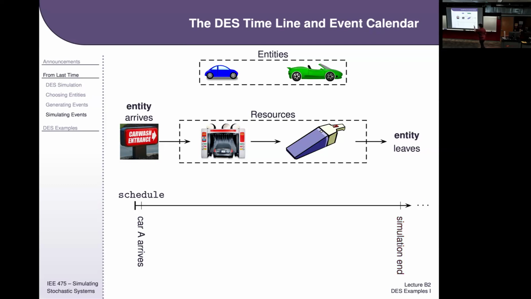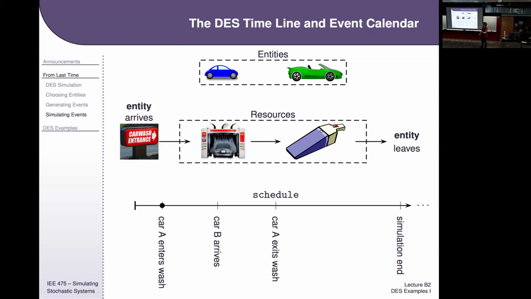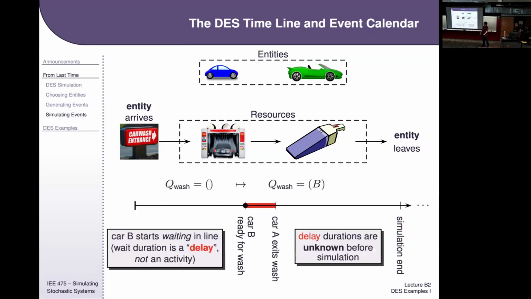And then you just go and start. The logic is you schedule the first arrival at time 0, and then you push through the logic. So we jump to events, schedule new events, jump to those new events, and so on. As we do that, there are going to be times where delays accumulate.